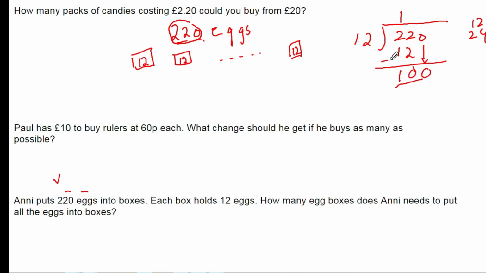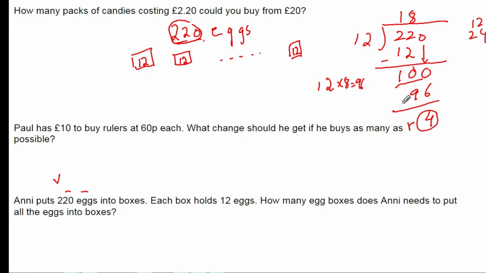So a number near to 100 in the times table of 12 is 12 times 8 equals 96, right? So you need to learn your times table of 12 as well. Okay, so 12 times 8 will give you 96. Now you can take away: 100 minus 96 is equal to 4.